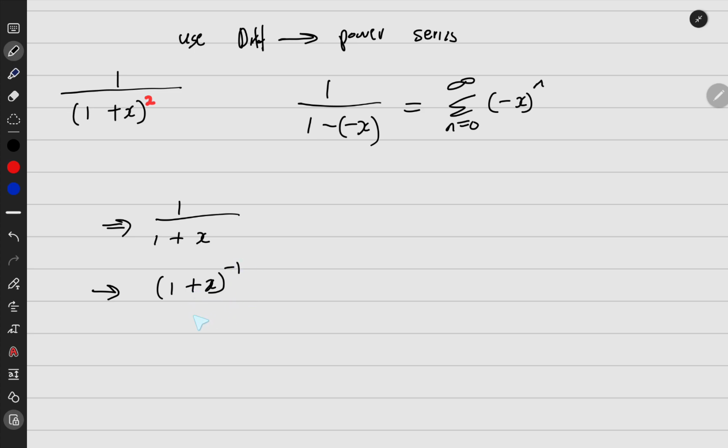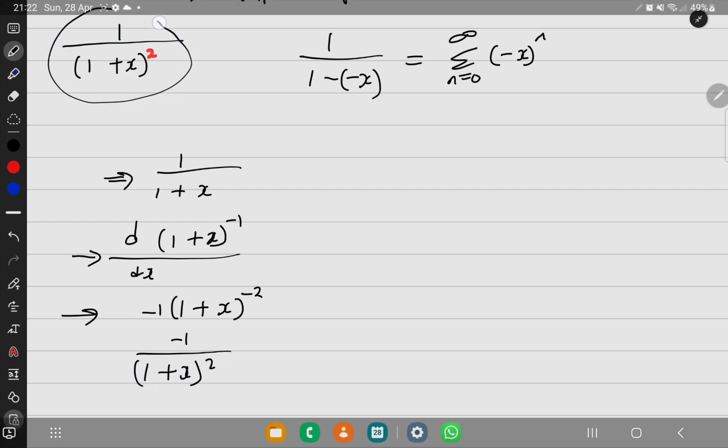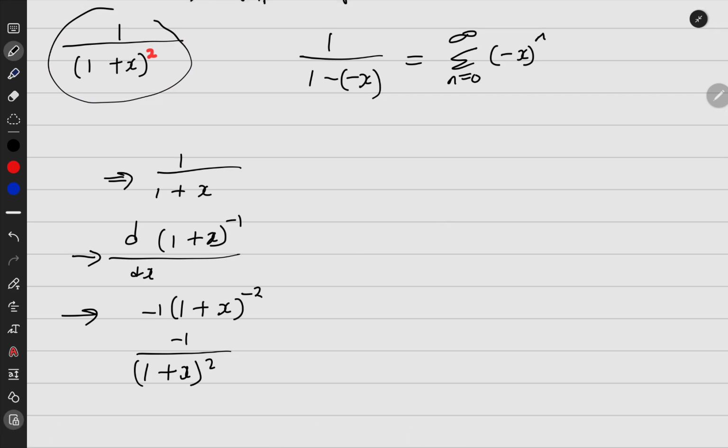If I differentiate this in terms of x, it would be negative 1, and then minus 1, that means I'll have a 2, then 1 plus x to the negative 2. So now it's going to be negative 1 all over (1 plus x) squared, and this is very close to what we are interested in.